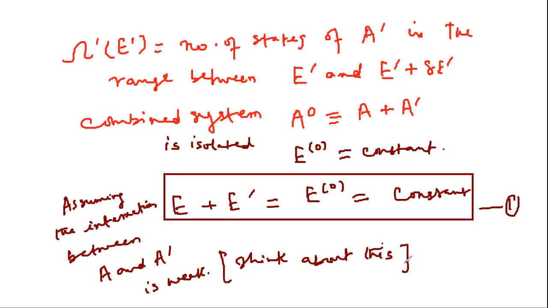Then the energy of A can assume a large range of possible values, but these values occur by no means with equal probability.